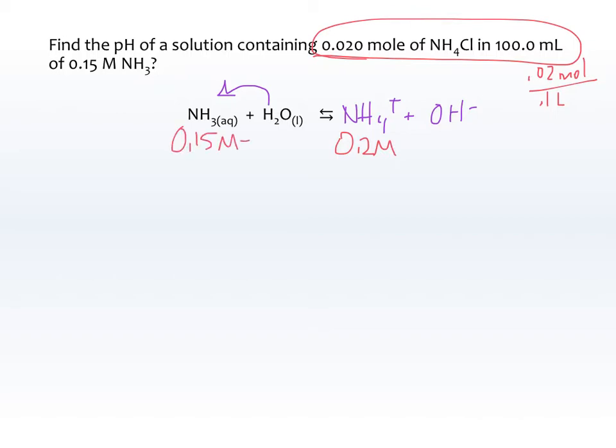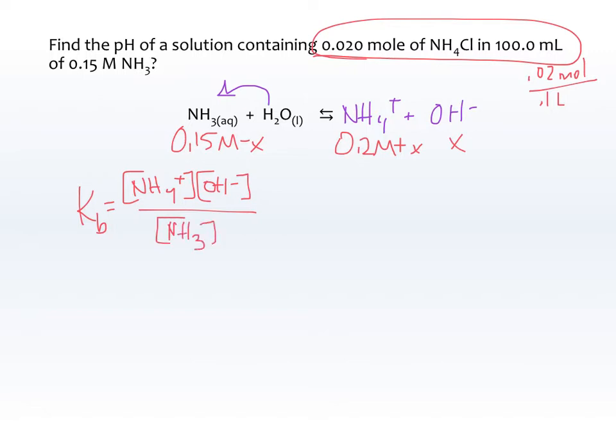So when the reaction comes to equilibrium, we'll lose X, and gain X. This time we have Kb, because NH3 is a base: NH4+ times OH- over NH3. And looking at Kb on your chart, that's 1.8 times 10 to the negative 5.